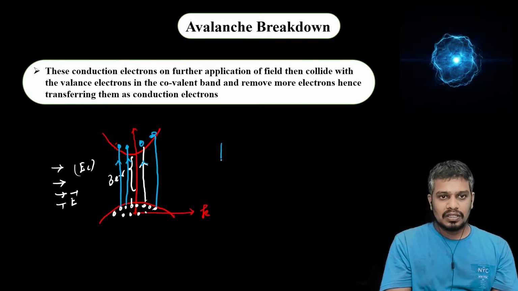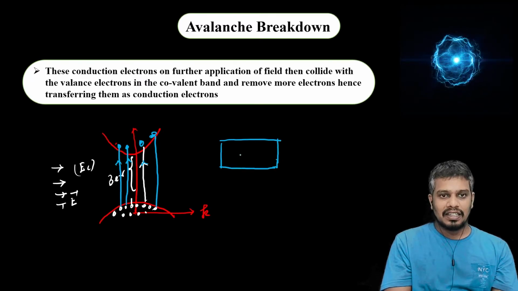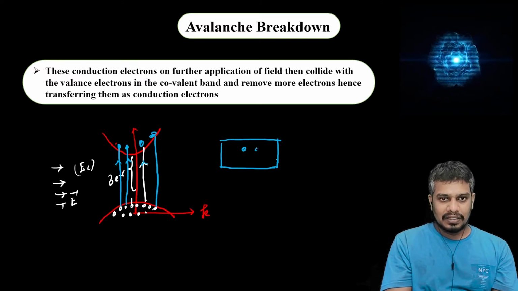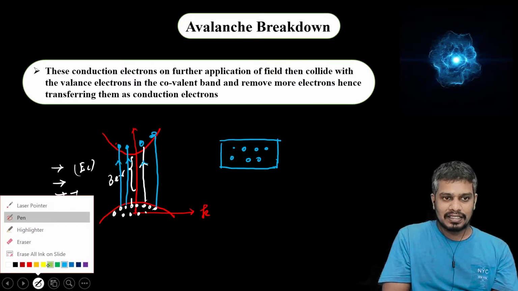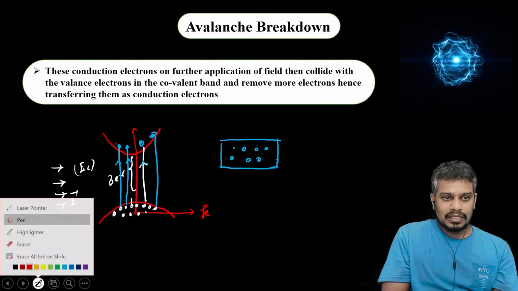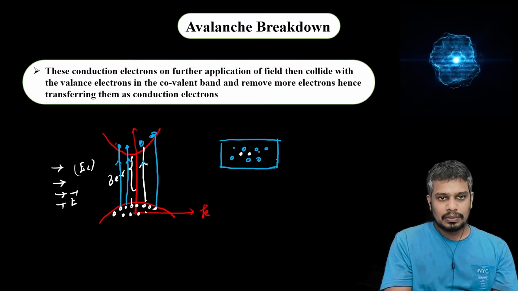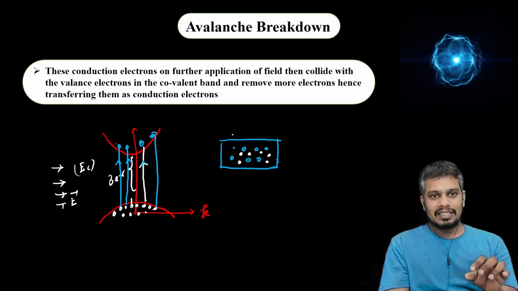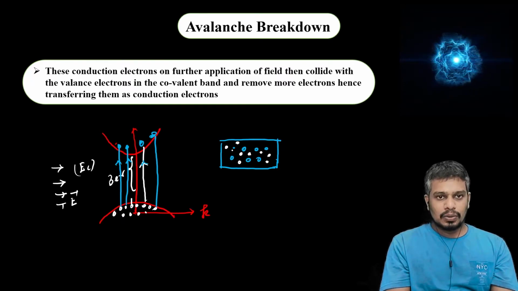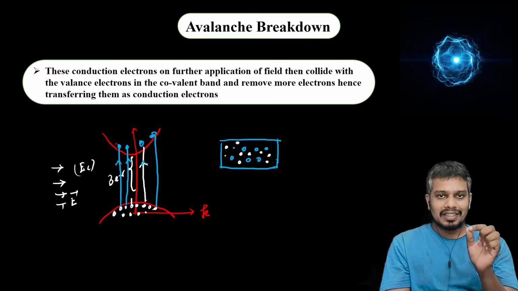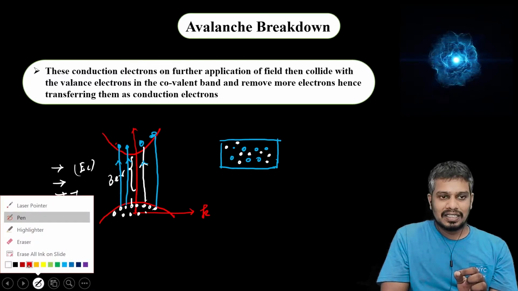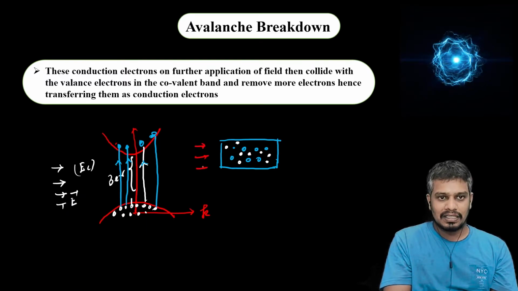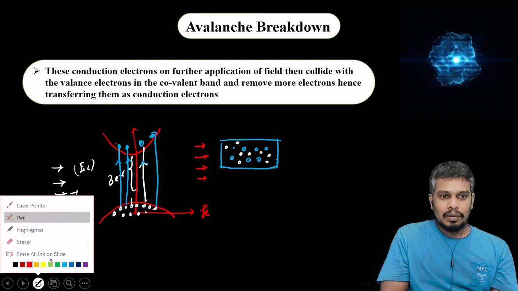If you look at a real material, suppose this is a dielectric material, because of the application of the electric field, the blue dot represents the conduction electron, which conducts the electricity. The white dot represents the valence band electron, which won't participate in any conductivity. The left-hand side diagram shows the energy diagram, the right-hand side diagram the real material. If you increase the external electric field, the blue conduction electron will gain more and more energy.